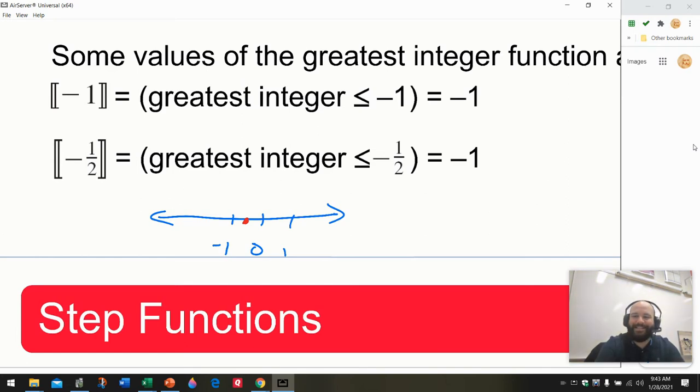Now remember, down on a number line is to the left. So this -1/2 would actually get rounded down to the number -1. So the greatest integer function of -1/2 would round down to -1. So remember, for the negatives, just think on the number line and then move to the left.